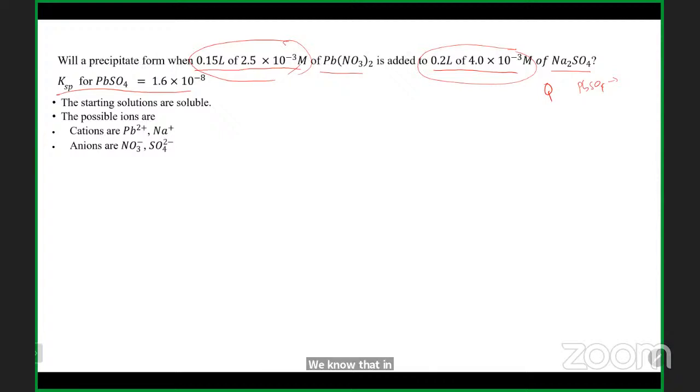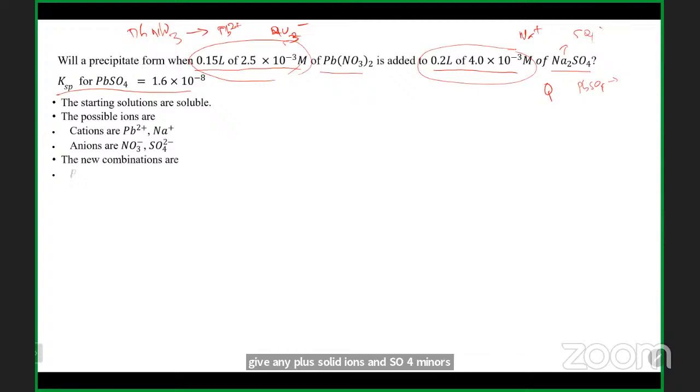We know that in solution, PbNO3 will give Pb2+ and NO3-. Na2SO4 will give Na+ and SO4 2-.